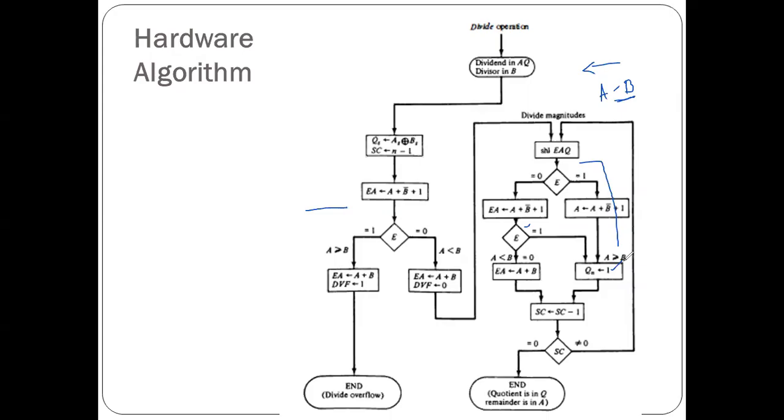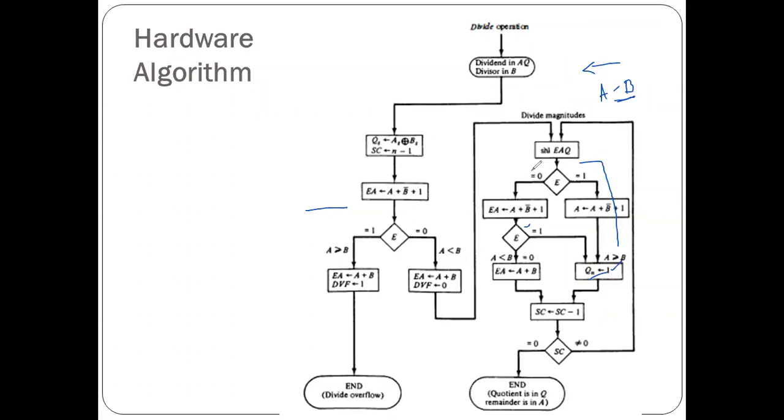The divisor can be subtracted from your partial remainder or dividend by 1 term, so Qn, the least significant bit of Q, is made 1.